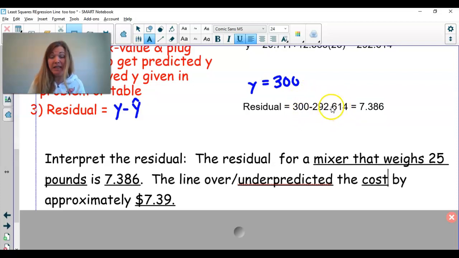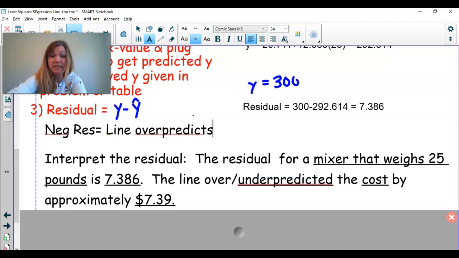I underpredicted. In fact, anytime, you guys, we have a positive residual, our line is going to underpredict what happens. Anytime we have a negative residual, our line will overpredict. I would write that down. A negative residual means the line overpredicts. A positive residual means the line underpredicts.